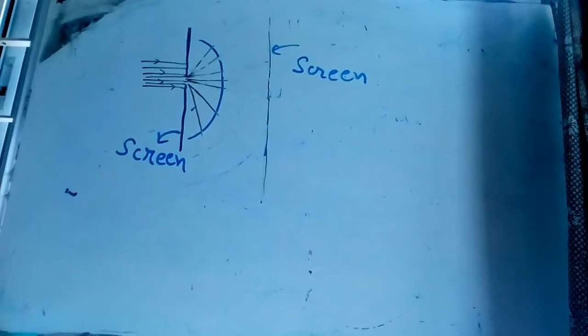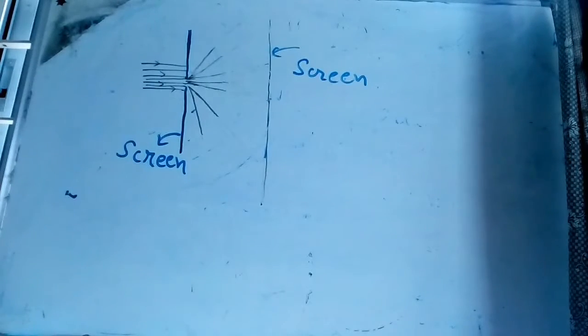The black lines you can see, at time t, the bent light reached A, B, C, D, E, F, G. These are the points where the bent light reached at time t.